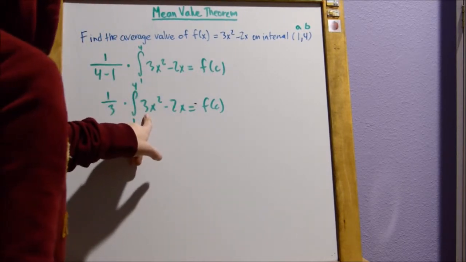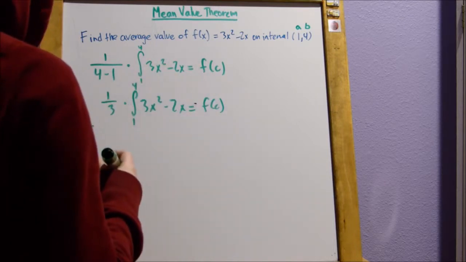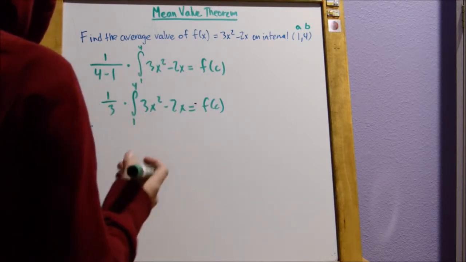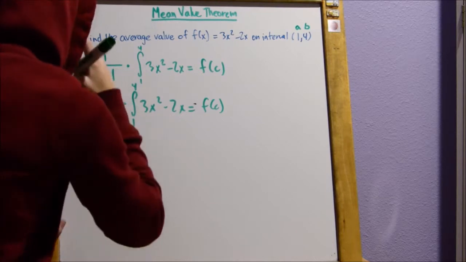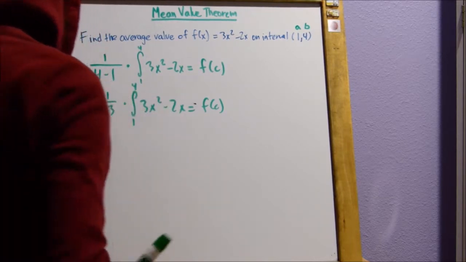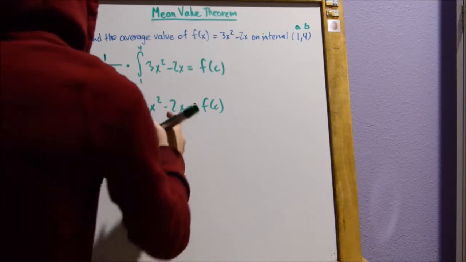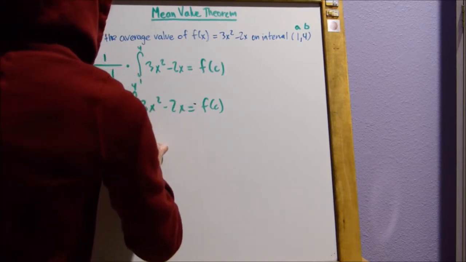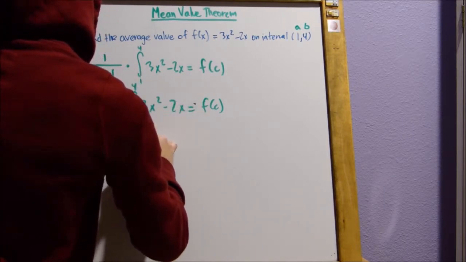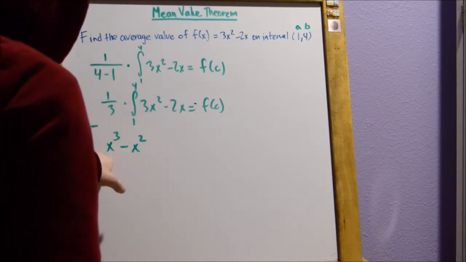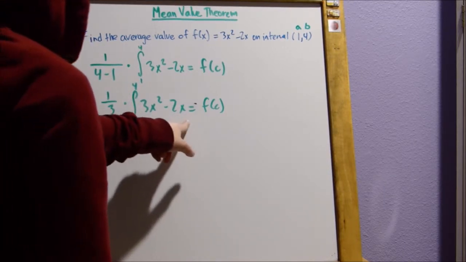The way you do this is you take the antiderivative first, and then you set up boundaries. The antiderivative of 3x squared is x cubed, and the antiderivative of 2x is x squared. That should make sense, because if you take the derivative of these, you would get this.